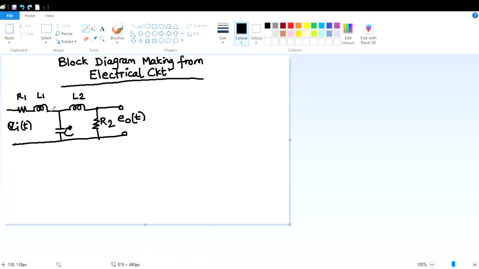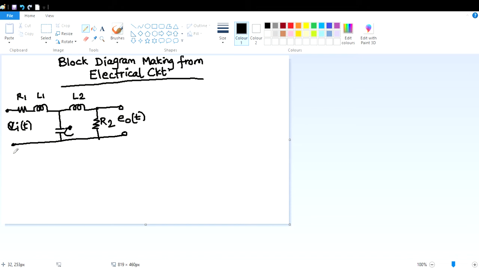Why? Because in Kirchhoff's current law, we get the branch quantity. Suppose this branch is the first branch, there is a value EI. So what is EI? EI is nothing but the potential difference between this node and this node.